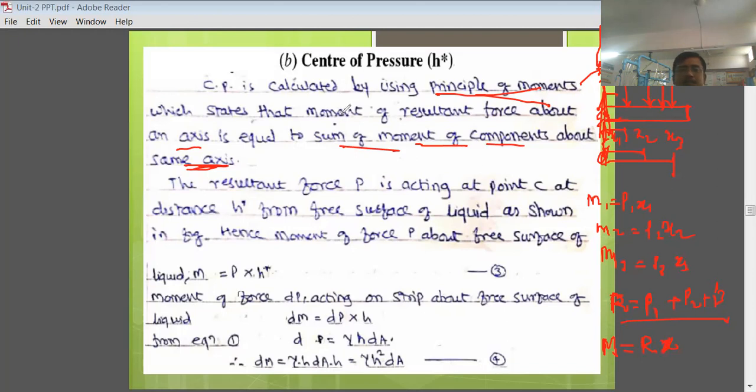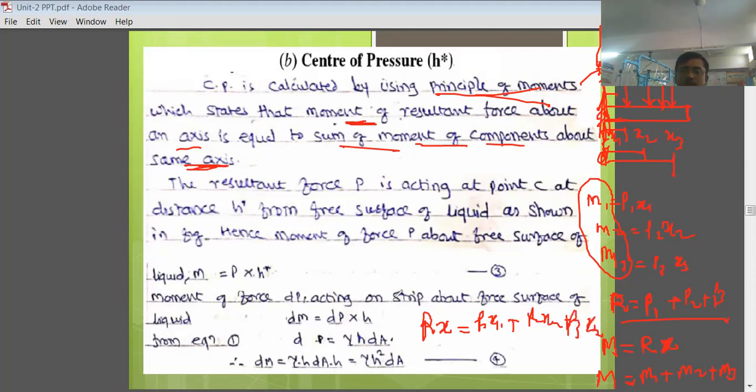Okay. So what does this principle say? This principle says that this capital M, the moment of this resultant force, is equal to the summation of the moments of the components of the forces. That is, capital M is equal to M1 plus M2 plus M3, or in other words, we can write R into x is equal to P1 x1 plus P2 x2 plus P3 x3.